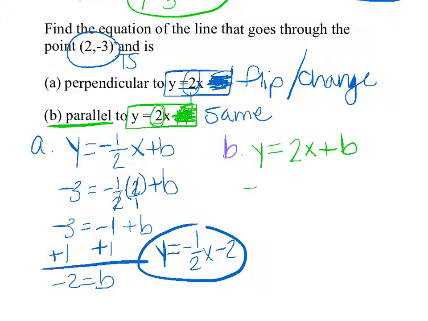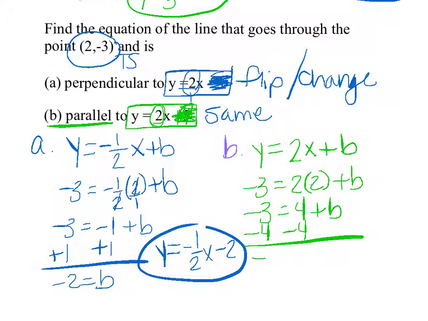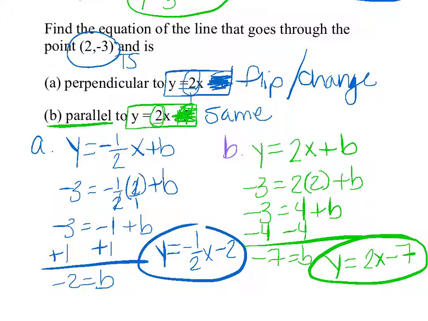Use my temporary solution. Negative 3 equals 2 times 2 plus b. Negative 3 equals 4 plus b. Subtract 4 from both sides. Negative 7 equals b, so y equals, slope again was 2x minus 7. And there's my answer for part B.